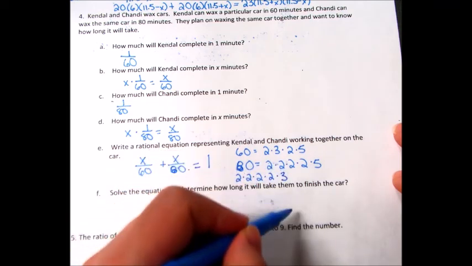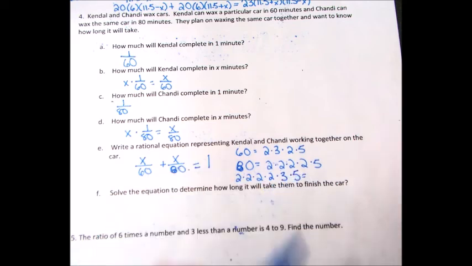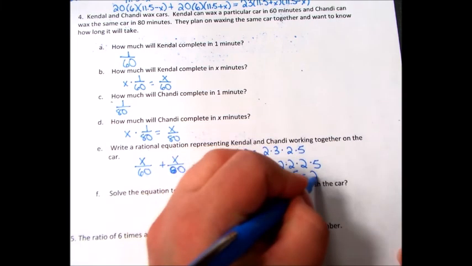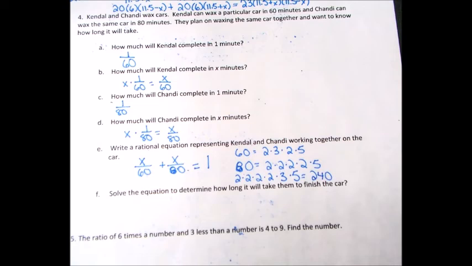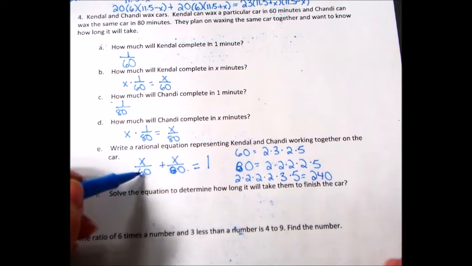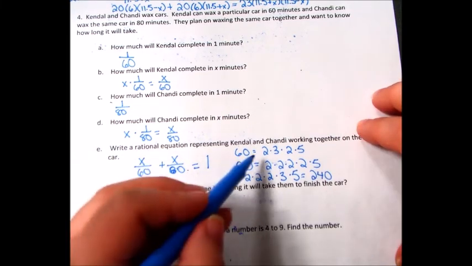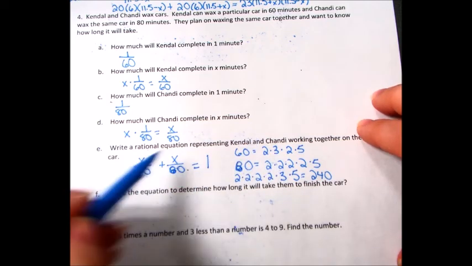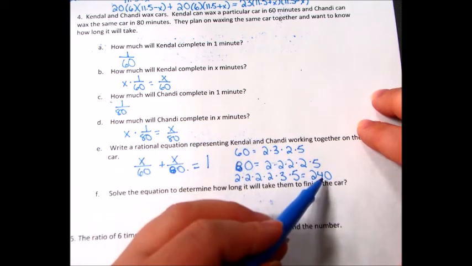So our LCD, 2 to the 4th power times 3 times 5, would be 240. So the 60 times what equals 240, or you can look back at what 60 already has. 60 has 2 2's, so it needed 2 more.